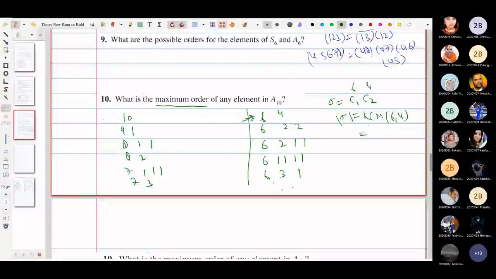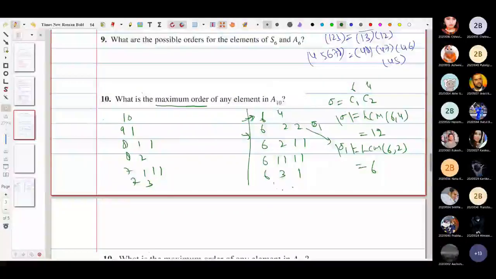So what is the possibility for this? LCM of 6 and 4, I think 12. This is going to give us 12. Similarly, if we look at this element, and suppose this is sigma 1, the order of sigma 1 is going to be LCM of 6 and 2, and of course this is going to be 6.